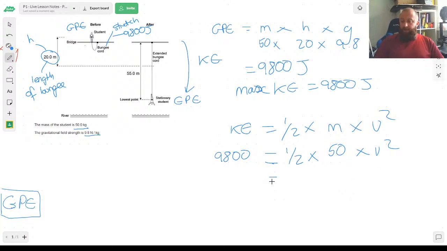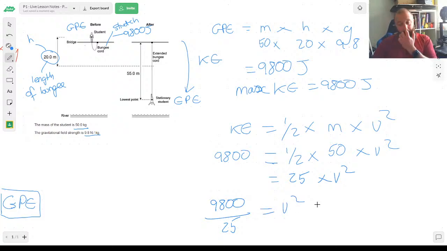Half times 50 is 25. So what I can do now is divide both sides by 25 to move the 25 across. So 9,800 divided by 25 equals velocity squared. So that's 392.